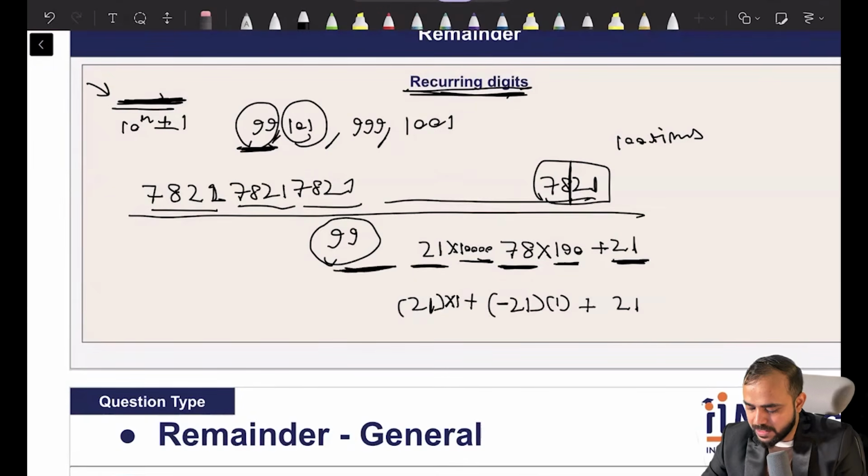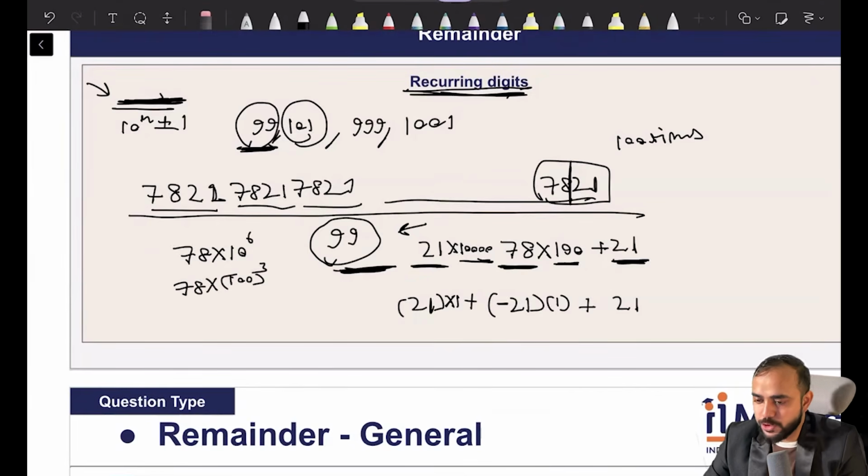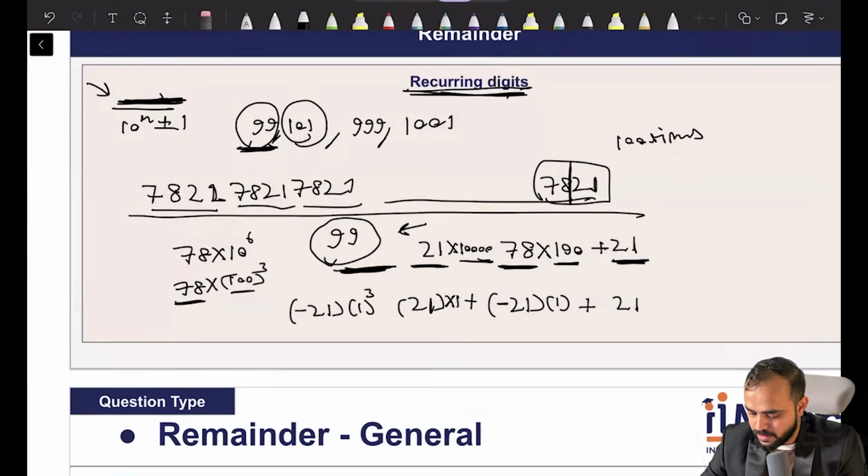The next number before this would have been 78 into 10 to the power 6, which is 100 cube. 78 into 100 cube. What is the remainder when 78 is divided by 99? It is minus 21. What is the remainder when 100 is divided by 99? 1. So this would be 1 cube.